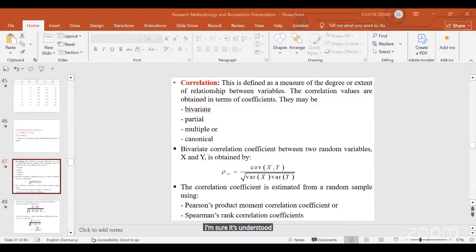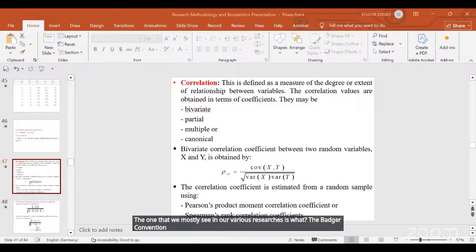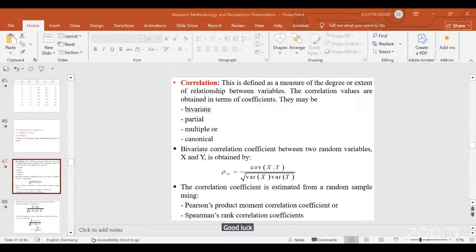But in all of this, the commonest type of correlation, which is almost the one that we mostly see in our various researches, is what? The bivariate correlation. Is that clear? It's the bivariate correlation. And because of that, I will center on that bivariate correlation to say that the correlation values in bivariate correlation range between -1 and +1.